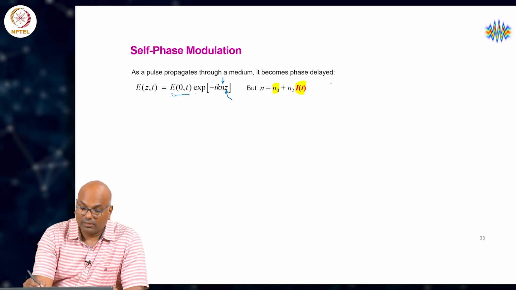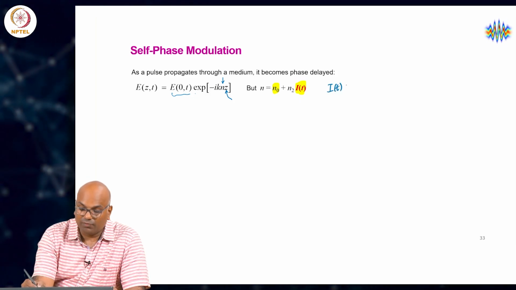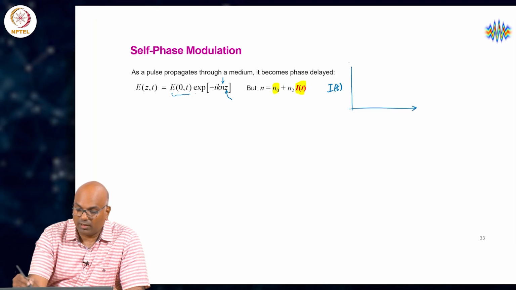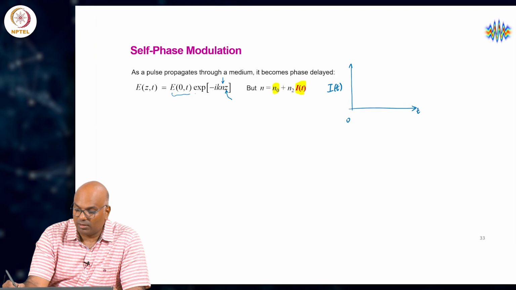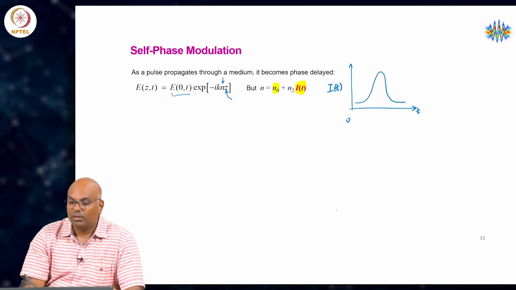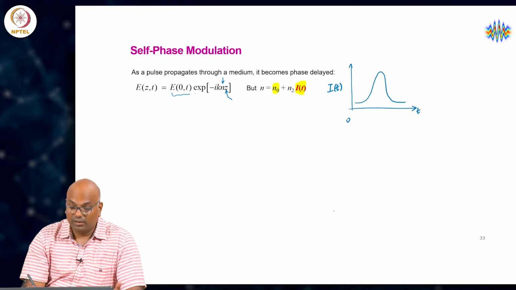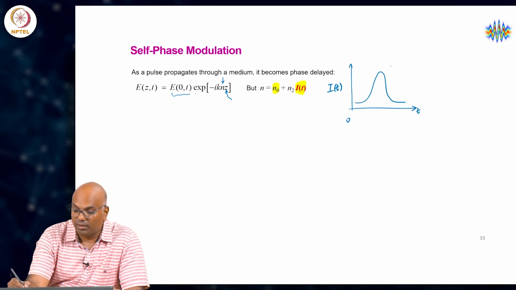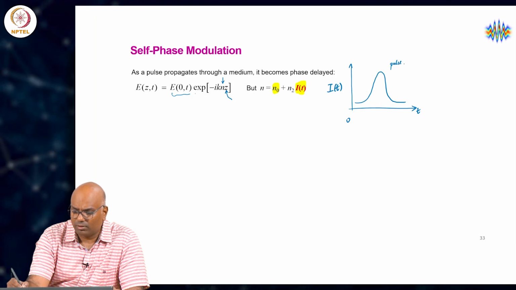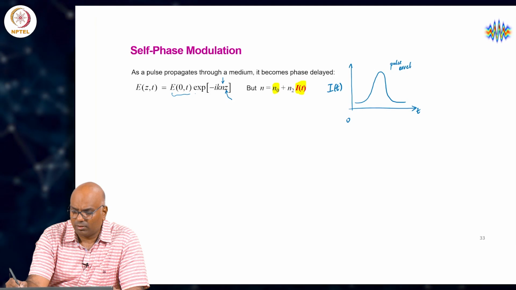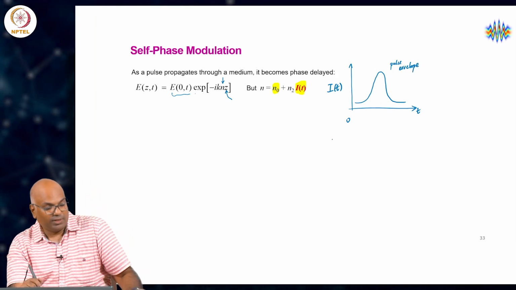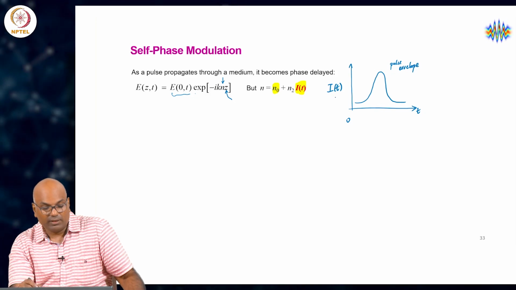For a pulse, I of t can be sketched as something in the time domain. We did this earlier, so we associated I with the pulse envelope.